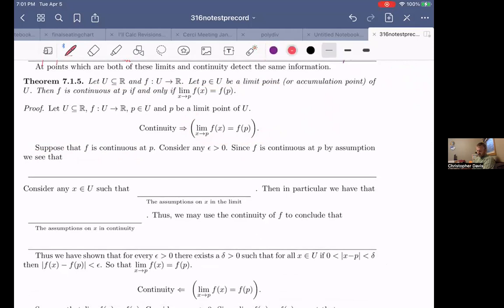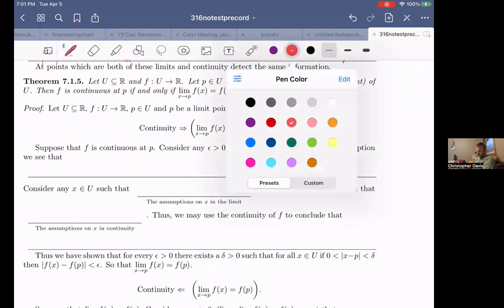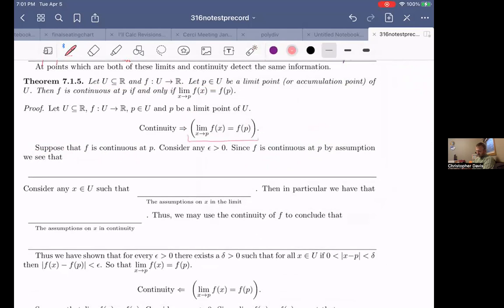So let's do a quick aside. Just think about what we need to prove. So what is it that we want to show?